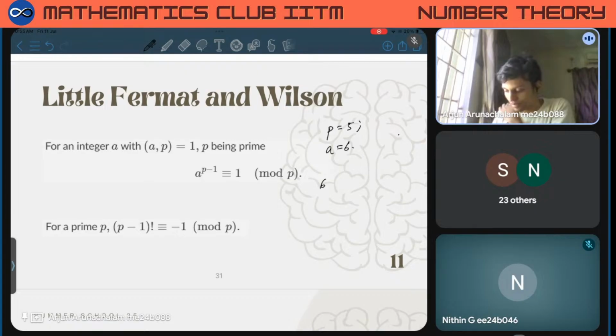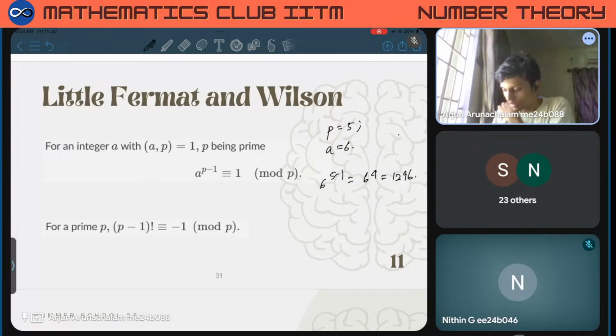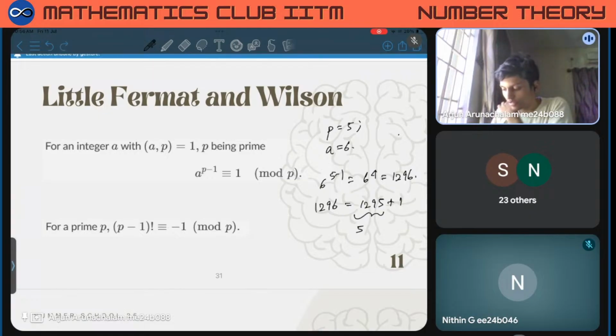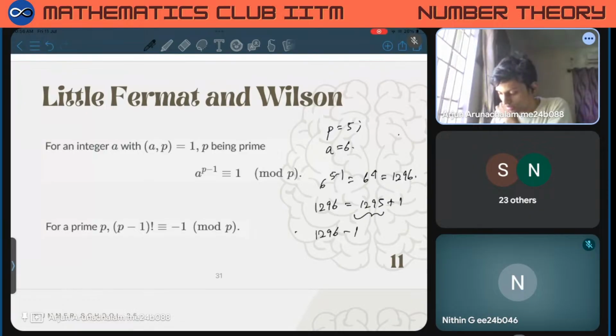So 6 power 5 minus 1 is 6 power 4, which is 1296. So 1296 is equal to 1295 plus 1, this being divisible by 5. Like 1296 minus 1, 5 divides that.